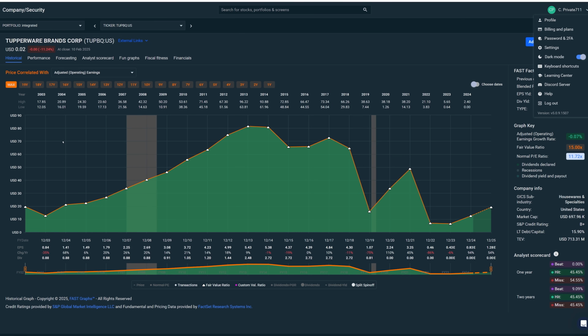Now, one of the real advantages of FastGraphs is that it gives you a clear perspective of the type of company and the type of success that the company you're investing in has. Because one of the secrets we're going to talk about here is that in the long run, earnings determine market price. Now, that can be said a lot of different ways. In this case, we're plotting earnings.